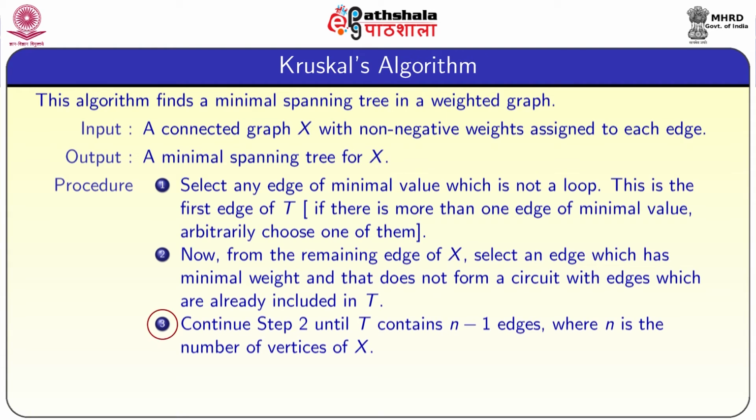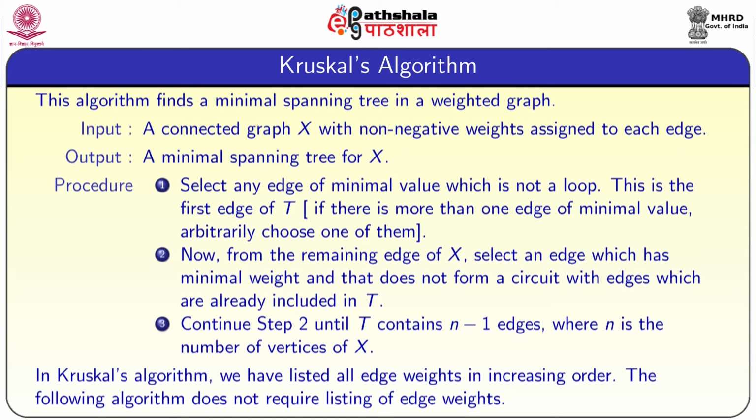Continue this step until T contains n minus 1 edges, where n is the number of vertices of X. So first we select an edge of minimum value which is not a loop, called the first edge of T. That can be any edge, but the main thing is that it has a minimal value. Then from the remaining edges, again we select the edge with minimum weight, which is not in T and which does not form a cycle with the edges in T. We continue until T contains n minus 1 edges.